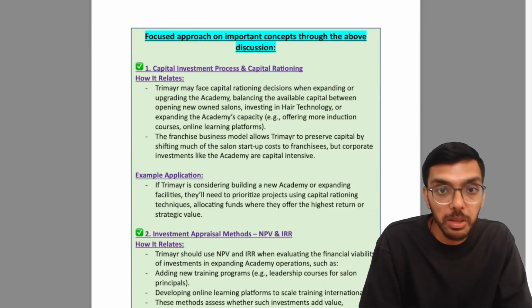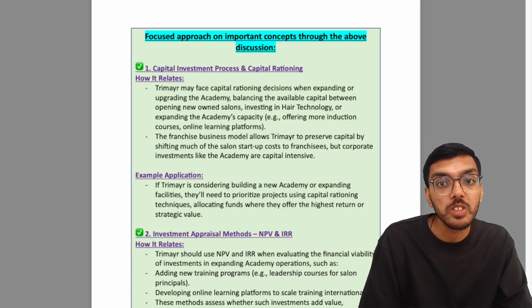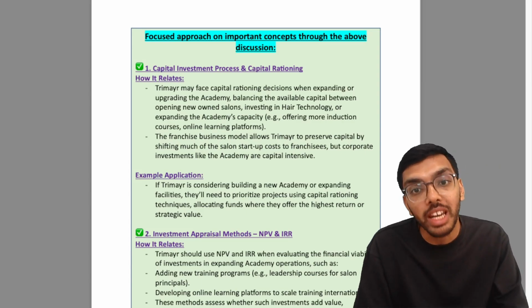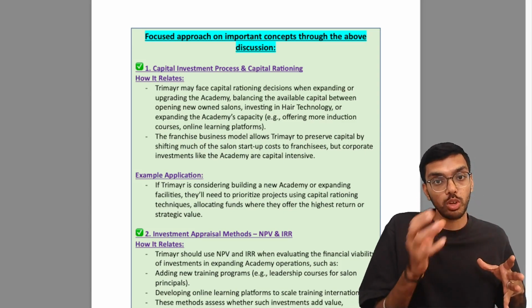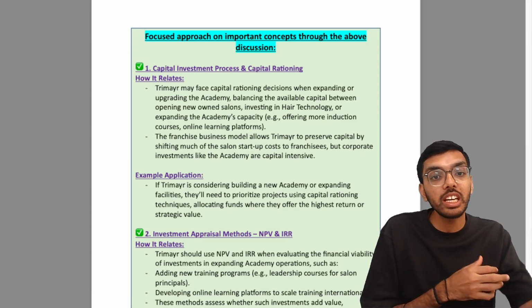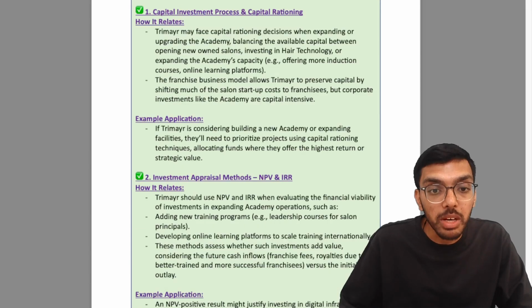First, the capital investment process. Trimayr may face capital rationing decisions when expanding or upgrading, when you are starting something new. So the concept of capital rationing comes into the picture over here. Second, investment appraisal.